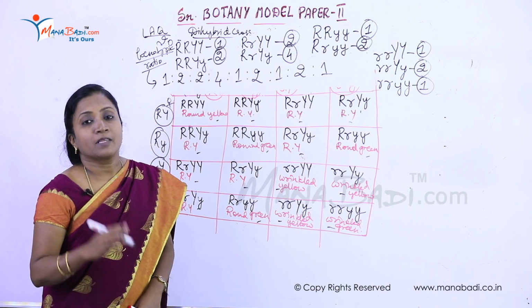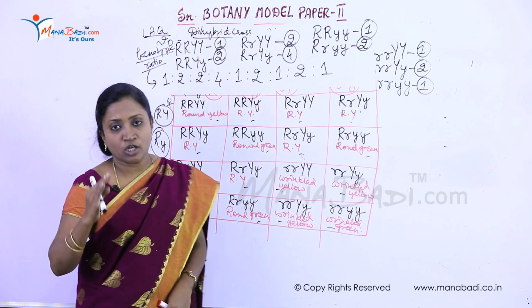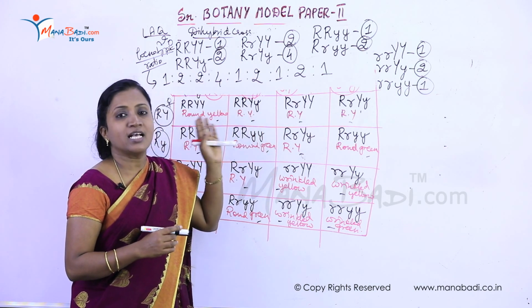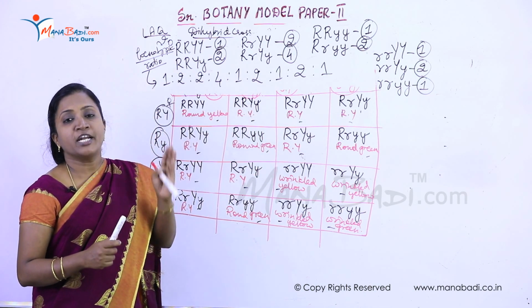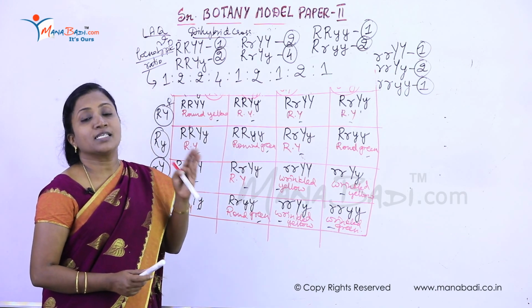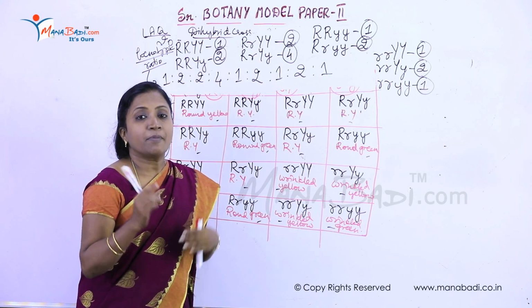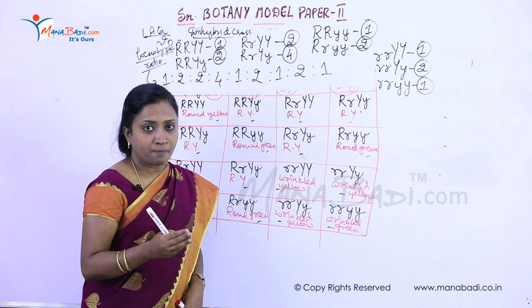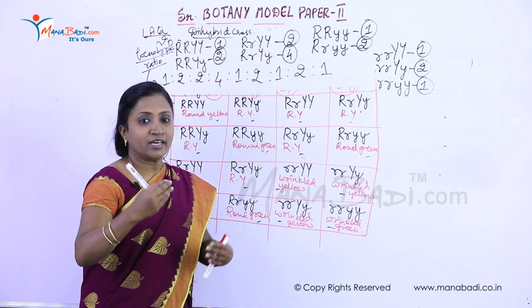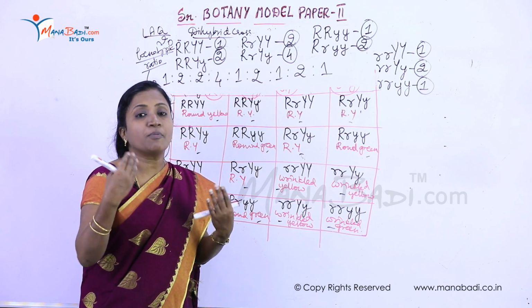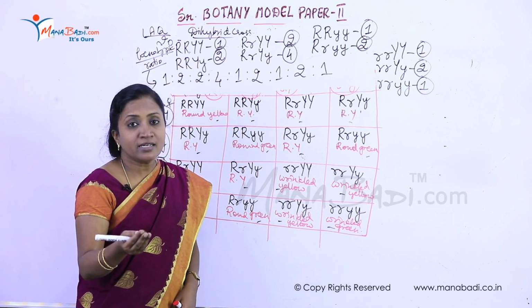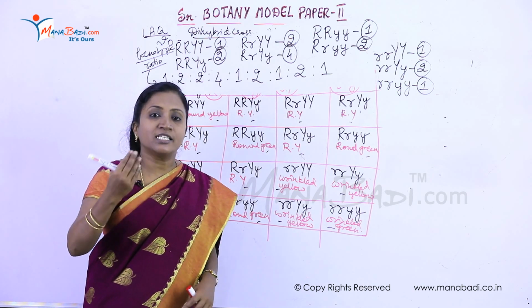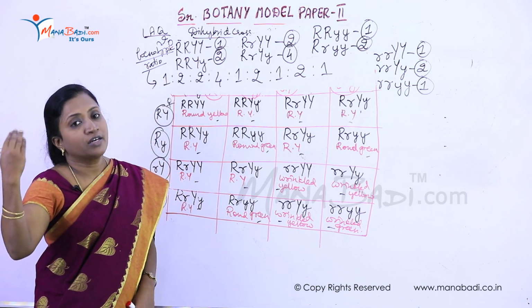So finally, if we come to the conclusion, through this dihybrid cross, Mendel proposed the law of independent assortment, which states that the pair of traits combined in a hybrid, that is the assortment, or you can say the segregation of a pair of traits, is independent of the other pair of traits.